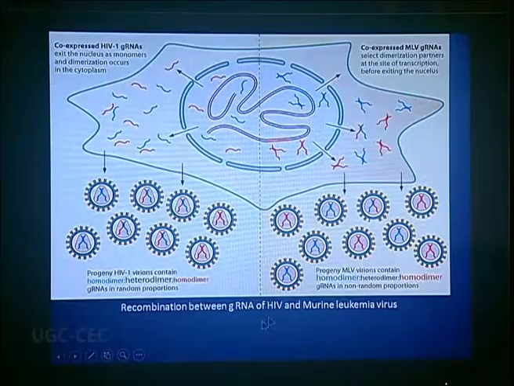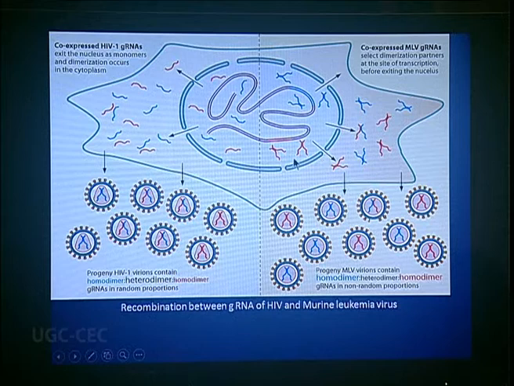So they will produce an innumerable number of viral genomes. And not only that, there may be other types of viruses attacking at the same time. When the HIV is there, the MLV, which is a very common one, will also produce a heterodimer. So at every point of time what you can see is the modification of the viral particle due to integration of foreign DNA or foreign RNA into the viral capsid.